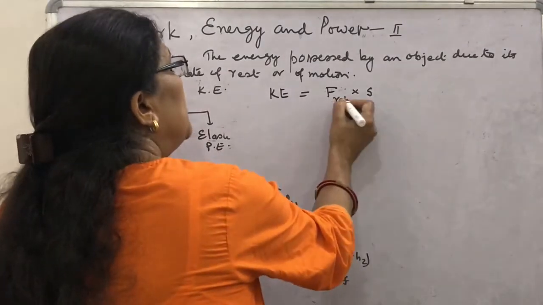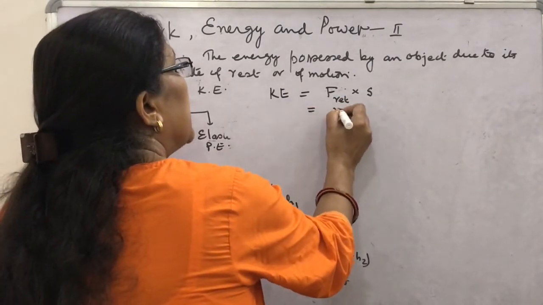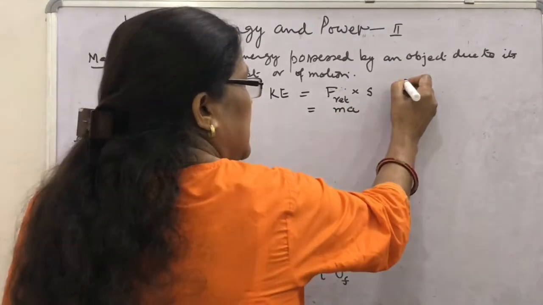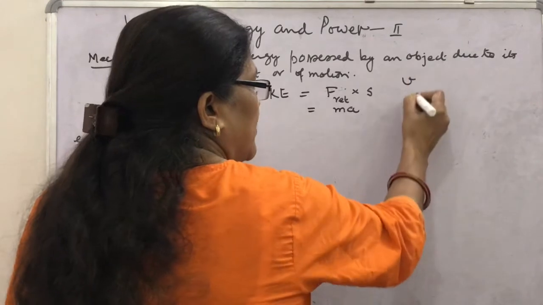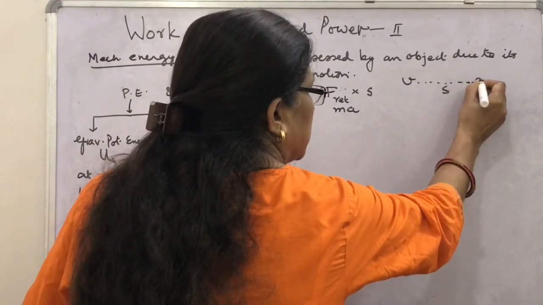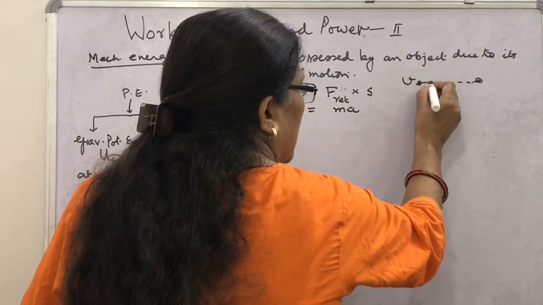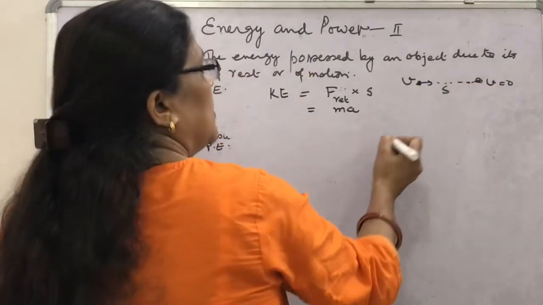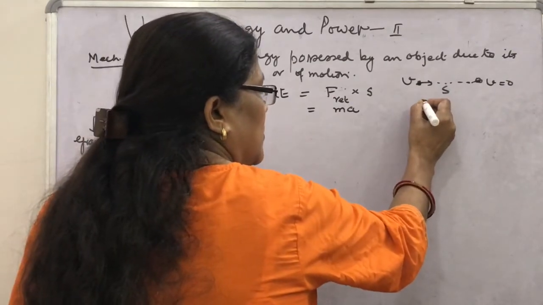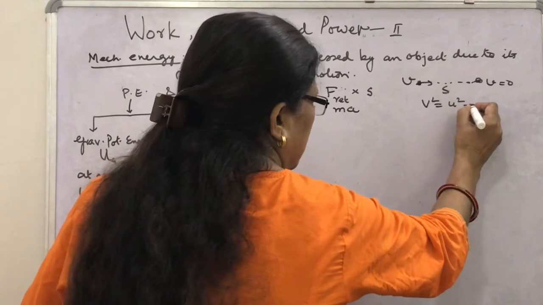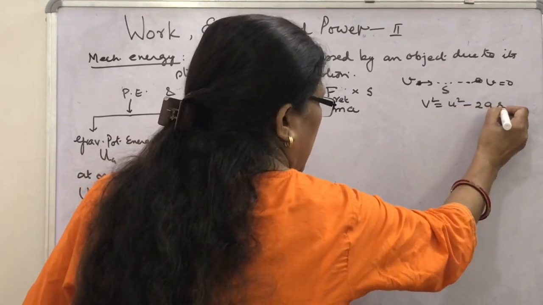Then this retarding force can be written as F equal to ma. Initially the ball was moving with velocity v, and after moving the distance s it is stopped, so the velocity becomes 0. Then you know v square equal to u square minus 2as.